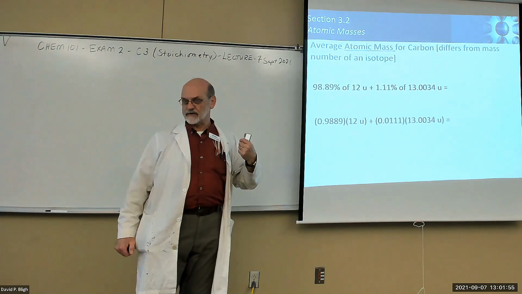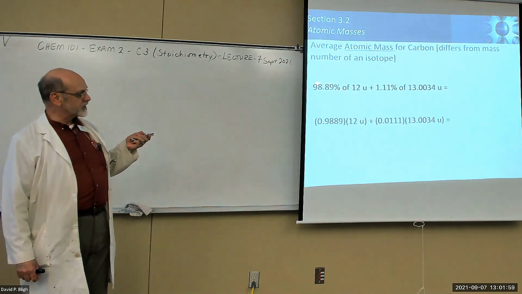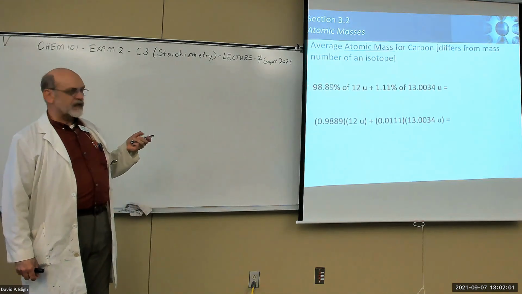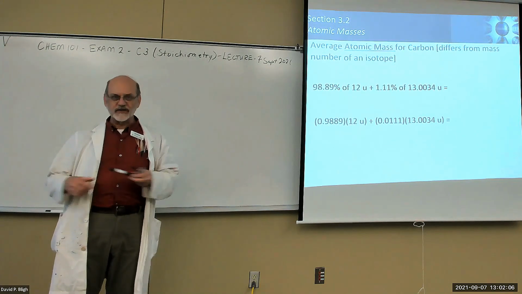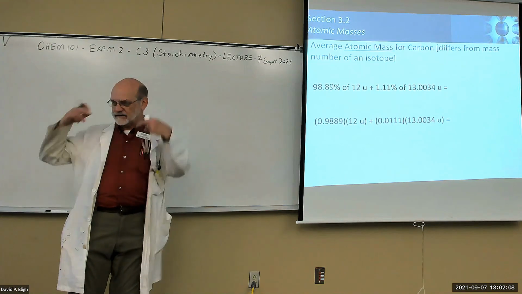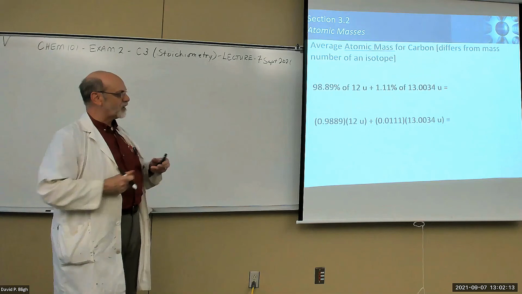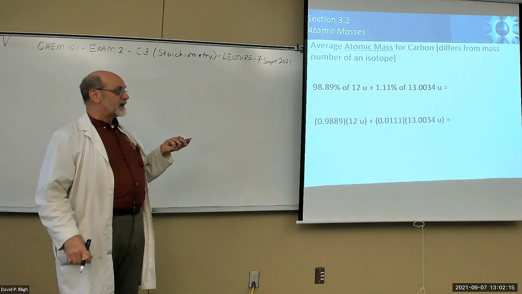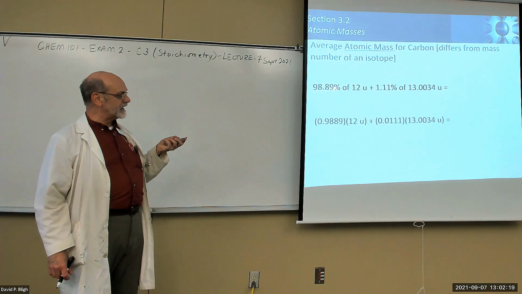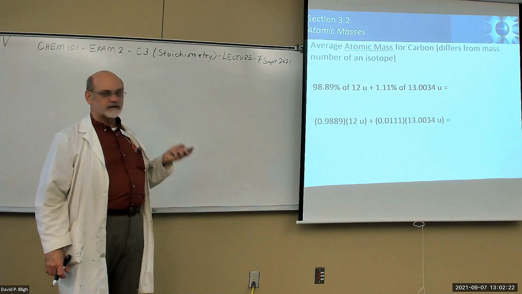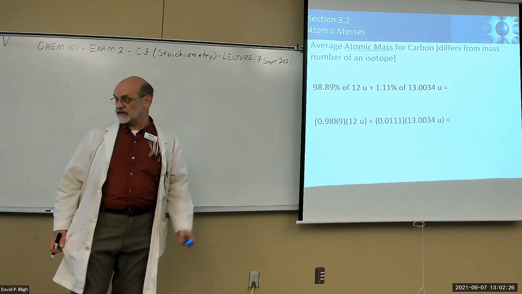It's a weighted average. So what we do for our elements is we incorporate this. We say the average atom, right, which doesn't exist, but it's a way to think about the carbon atom in this case. The average atom is composed of 0.9889 fraction of 12 atomic mass units. Right? That's its contribution.